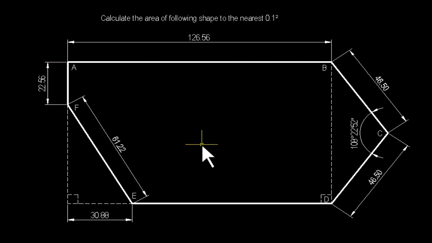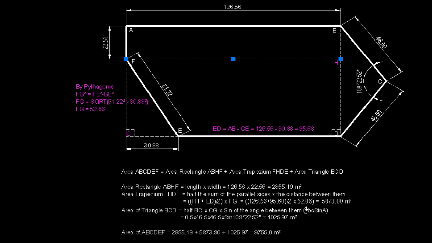So I can see a number of ways that I could calculate the area of this, but I'm going to try and do what I think is the optimal way of calculating it. Okay, now I've turned on my construction layer where I have revealed my plot as to how I am proposing to calculate this area.